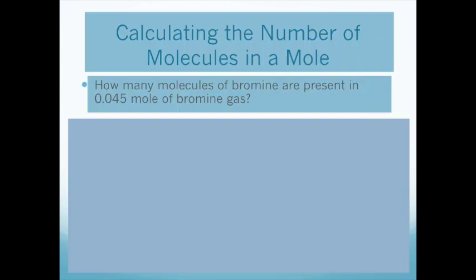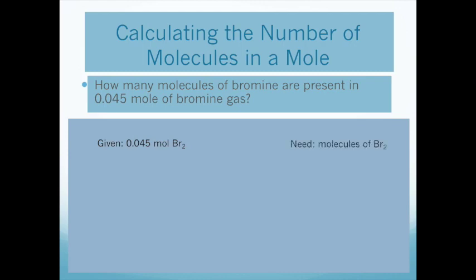So we're going to go through and do some calculations using moles, because it's going to become the most important quantity of your Chemistry 103 lives. So, how many molecules of bromine gas are present in 0.045 moles of bromine gas? So bromine gas is Br2, because bromine exists as a diatomic molecule.